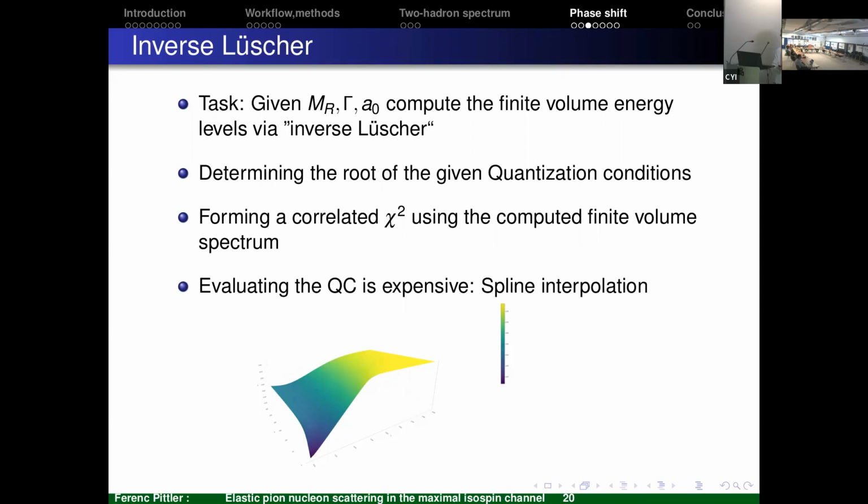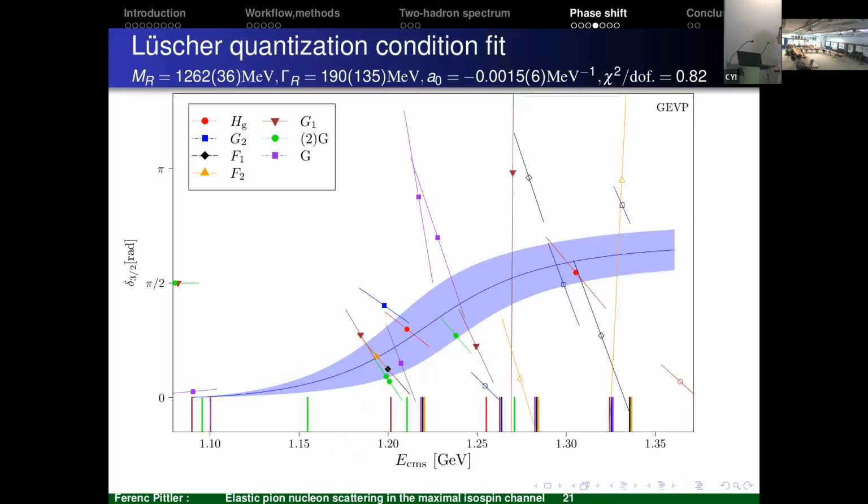So we can set up a chi-square minimization in order to fit these three parameters. And this is a technical issue: computing these predicted energy levels is quite expensive. Therefore, we can use a multi-dimensional spline approximation to it.